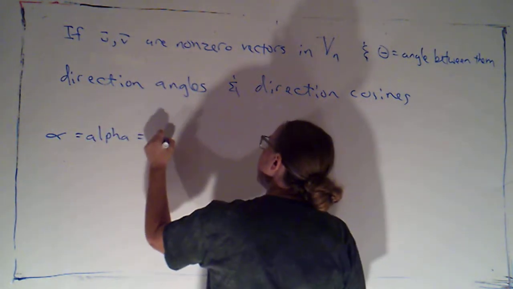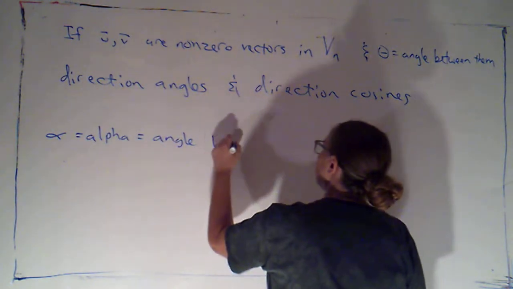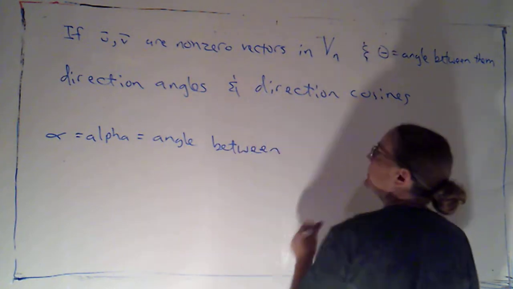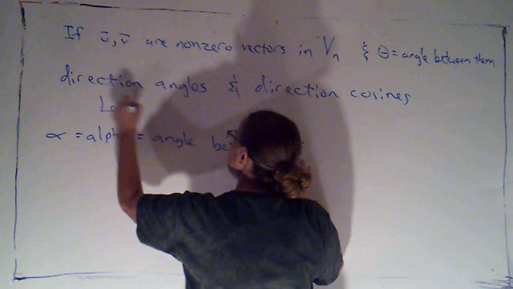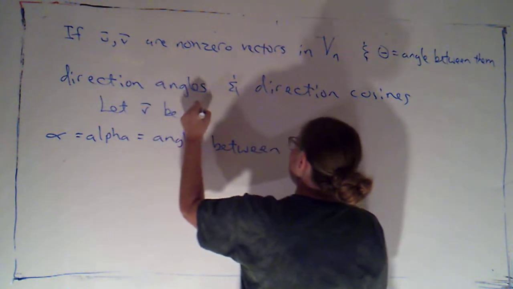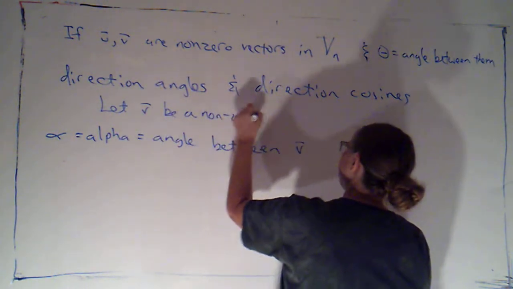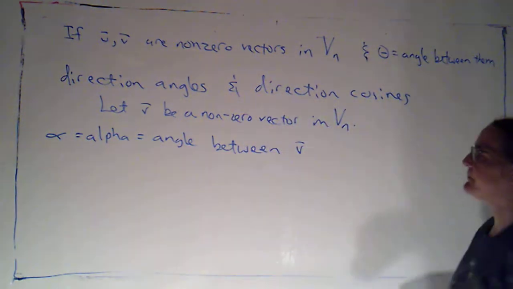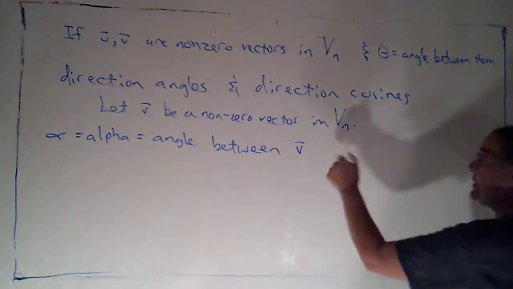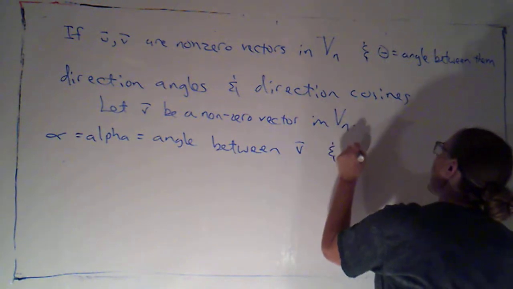This is going to be the angle between v, and I do need to say here, let's let v be a non-zero vector in n space. So alpha is the angle between v and i.